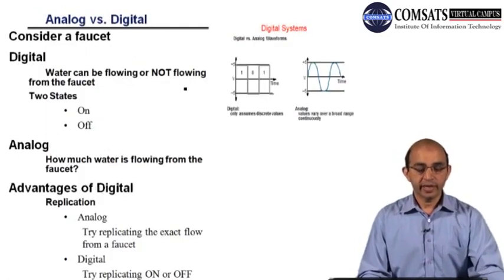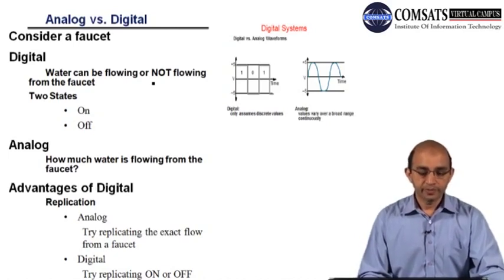So let's talk about analog versus digital. Let's take a very simple example of a tap. When we think digitally, water can be flowing or not. You can switch on the tap and water will start flowing, and if we switch off, the water will not be flowing. So we have two states, on and off.